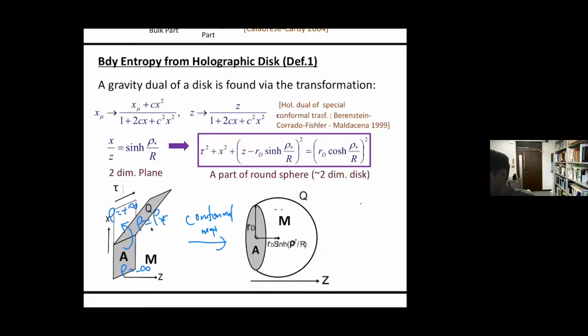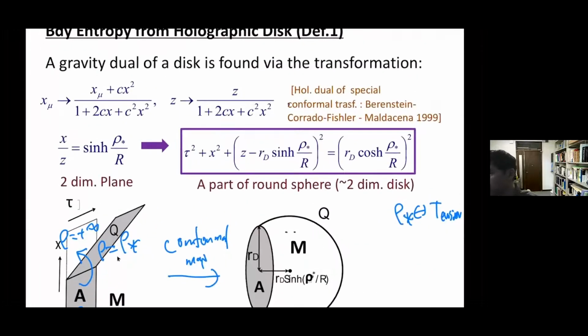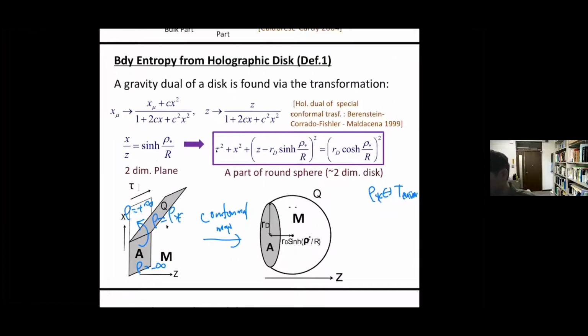And rho star is also related to the tension of the plane. Depending on the value of the tension, this location changes. If the tension is very large, the center is like this and you get a very huge boundary. If the tension is very, very small, it's like this.